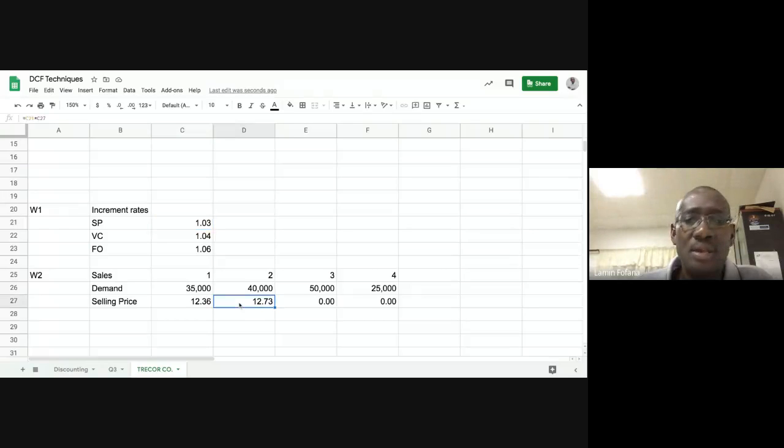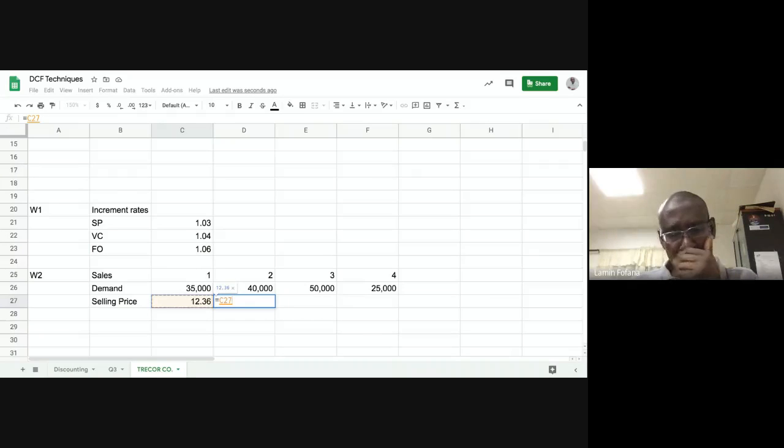Excellent. So the first one is the price at year 0 multiplied by the increment rate, which is 1.03. From year 2 onwards, it will be the previous year's price multiplied by the increment. Since the increment remains the same, once we click on the 1.03, we make it absolute, just like Hadi said. How do you make it absolute?